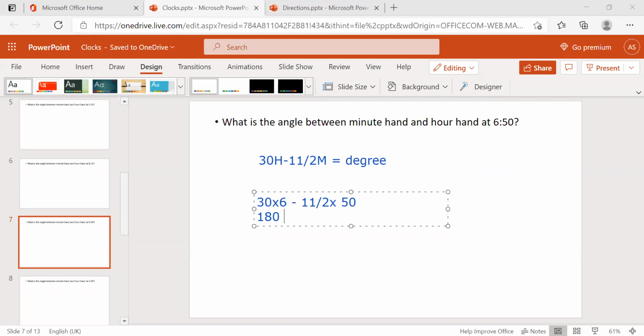Okay, 180 minus, so 25 into 11, it means 25 times 11, that is 275, right? Now what is it? 275 minus 180. It's nothing but 95 degrees.